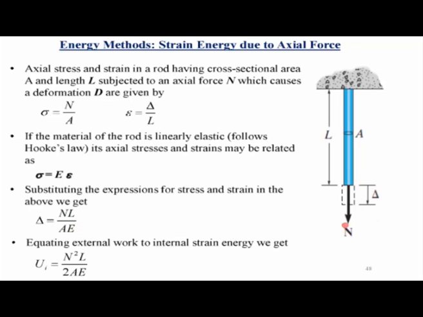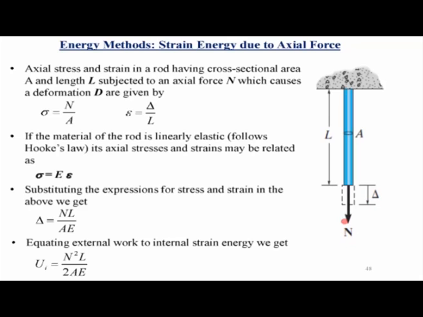Now the external work done by this load N in order to deform this rod by an amount delta, we saw in the previous slide. This rod was initially not subjected to any load. Load N was gradually applied to it, due to which it undergoes a deformation delta.